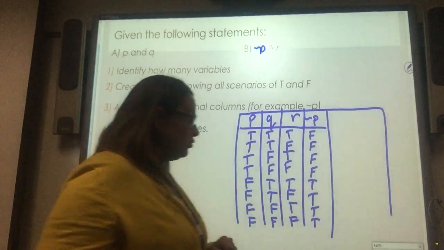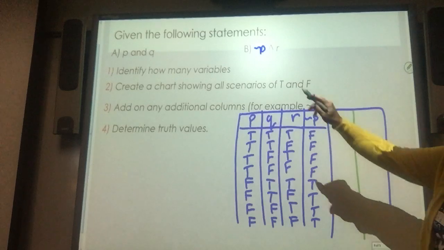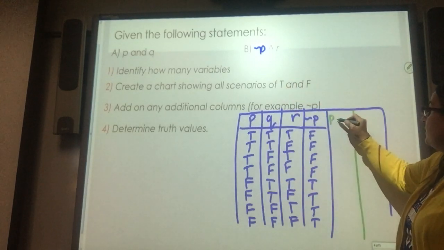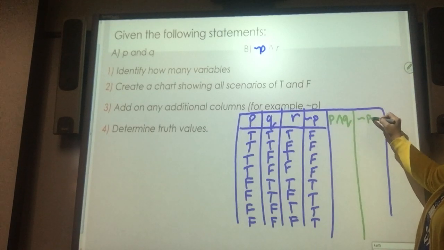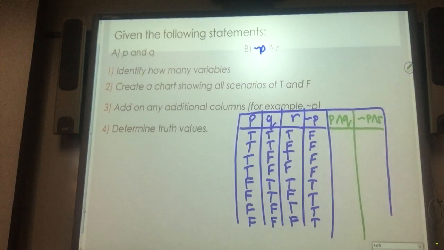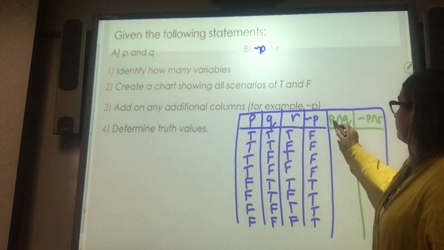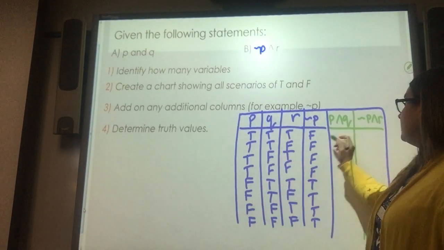Now my last two columns are going to be using the statements they gave: P and Q, and inverse P and R. In an and statement, everything has to be true. So P and Q, I'm looking only at these two columns right here.